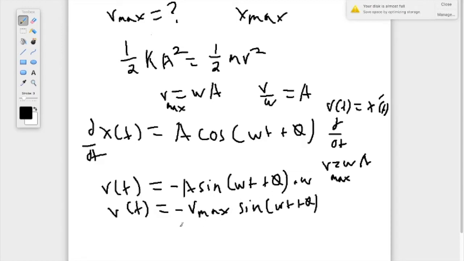And then you can basically divide both sides by sine omega t plus phi, and by negative 1 as well. So you get v of t over negative sine of omega t plus phi equals v max. So here's another way to solve for it.